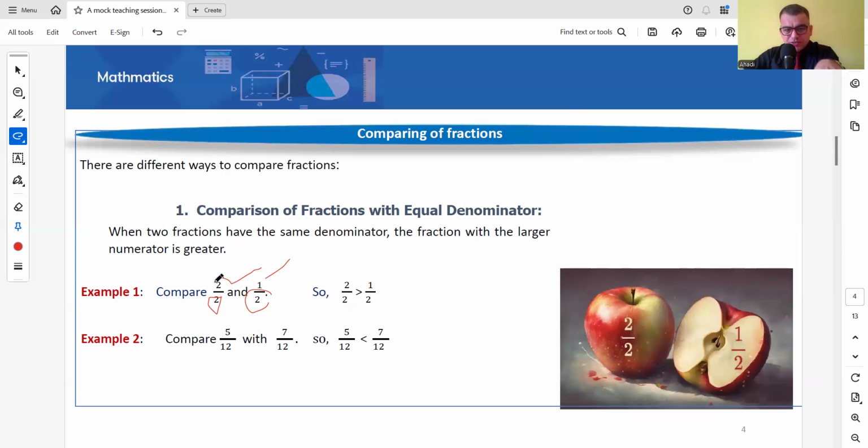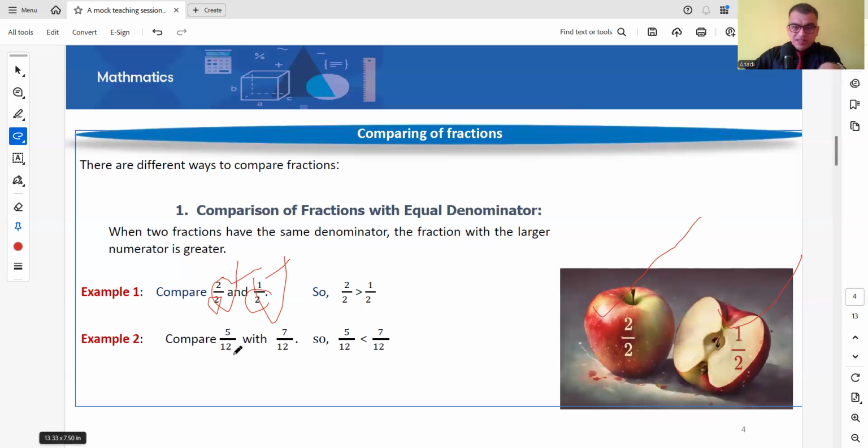So we can say the first fraction is bigger than the second one. Also, you can see in this figure, this apple is a fraction of 2 upon 2, and the second one is 1 upon 2. So it's clear to see the first one is bigger.